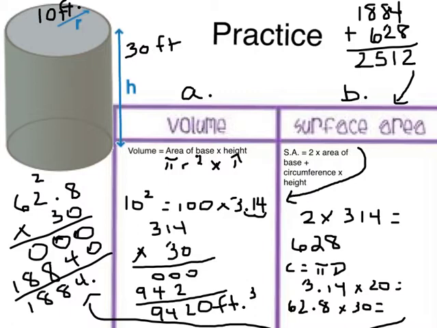Okay, so your practice problems, you've got A and B, and basically they take the same right circular cylinder, and they say find the volume and then find the surface area.